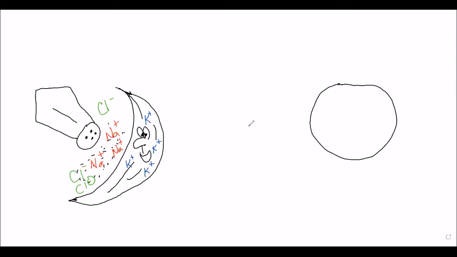This is my little mnemonic to help you with this. With the salty banana, outside the cell, it's loaded with sodium and chloride. Inside the cell, it's loaded with potassium. Now, here's a little tough one: what is the most common anion found inside of a cell? It's a little tricky. It's actually phosphate, which kind of looks like this.